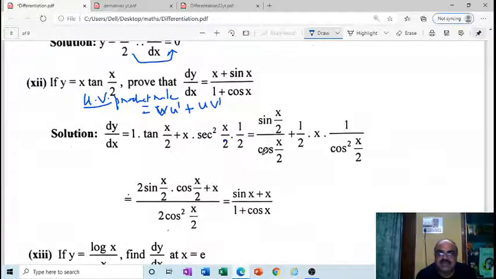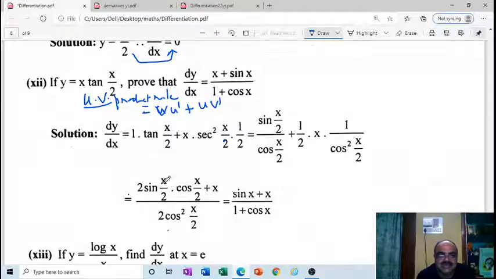Friends, if I take 2 cos square x by 2 as LCM, on the first part you will get 2 sin x by 2 into cos x by 2, plus second one, it is only x that remains as it is.